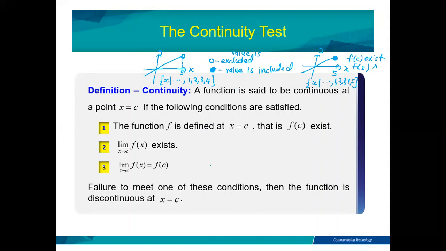This is the easiest way to understand. Some students seem confused. What does it mean? It means the limit of f(x) when x approaches c is equal to f(c). So if one of these conditions fails, then the continuity test fails, which means the function is discontinuous.